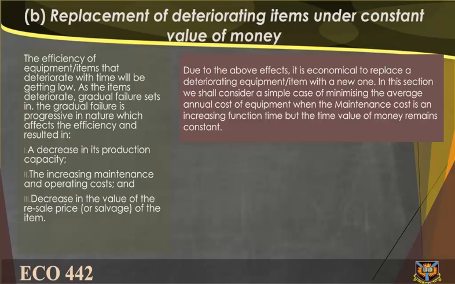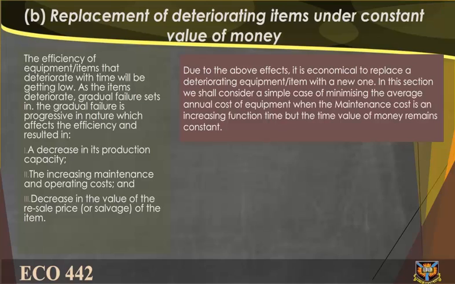B. Replacement of deteriorating items under constant value of money. The efficiency of equipment or items that deteriorate with time will be getting low. As the items deteriorate, gradual failure sets in.